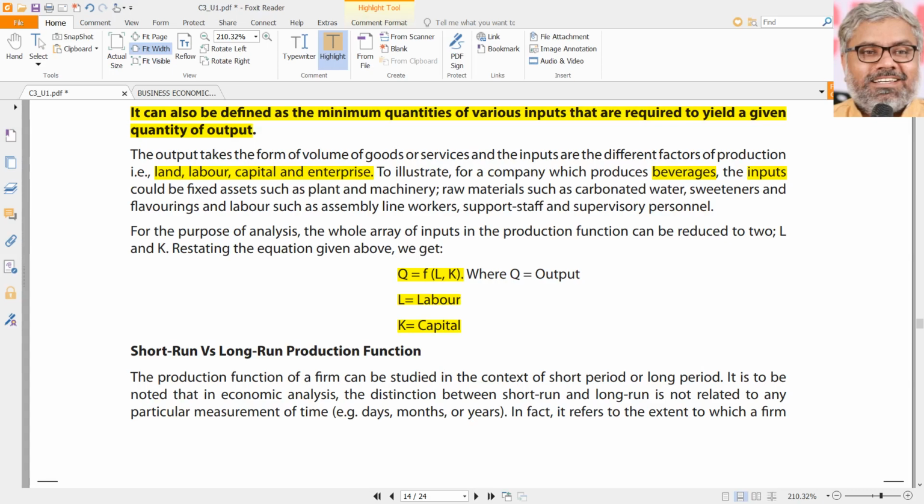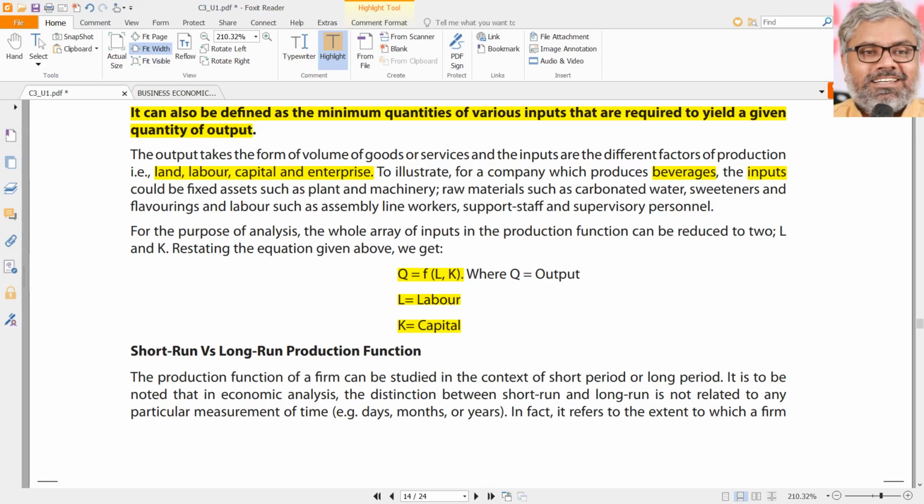But what we are going to observe is, by having an effective mix of factors of production like labor and capital, we can get the best possible output called Q. And if that relationship is expressed as an equation, then we can say Q is a function of L and K, where L is labor, K is capital.